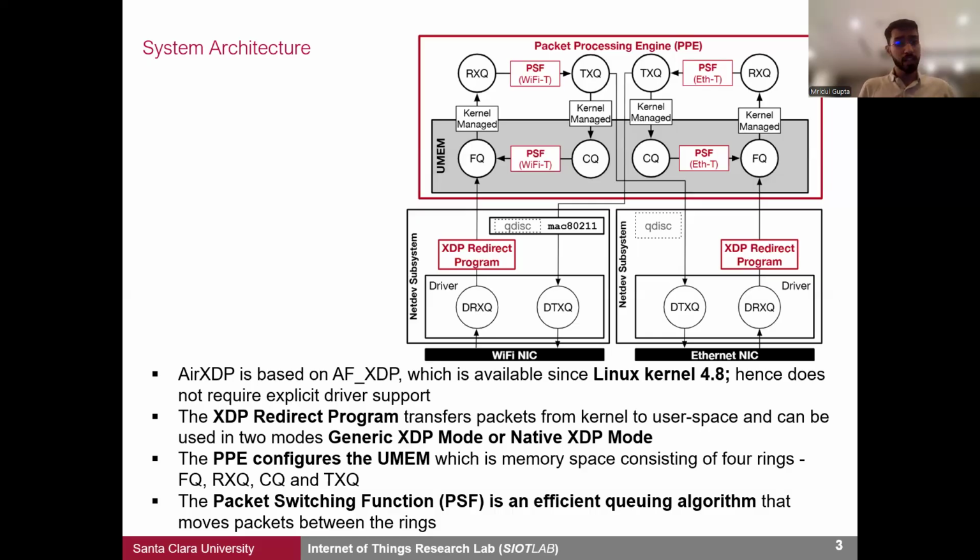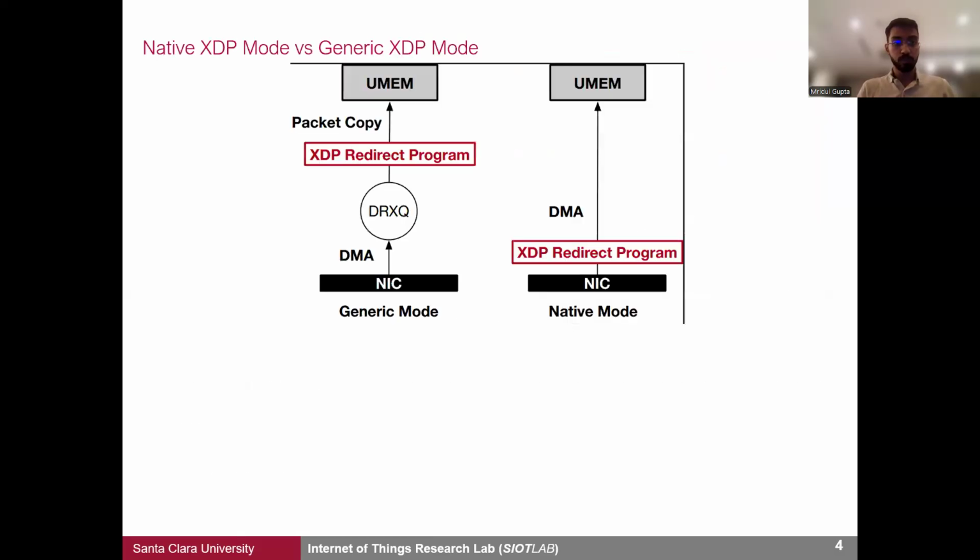In order to have parity between the two paths, that is, the data flowing from Ethernet to Wi-Fi and Wi-Fi to Ethernet, we have modified the mac80211 module to bypass this AQM scheduler. This is also highlighted in the system architecture diagram here.